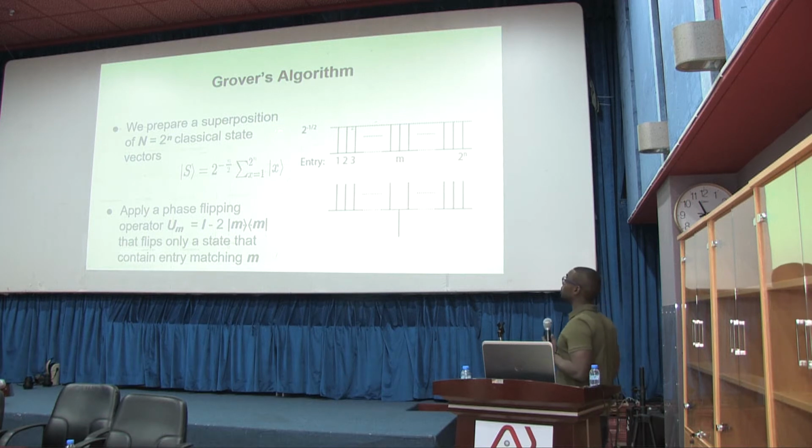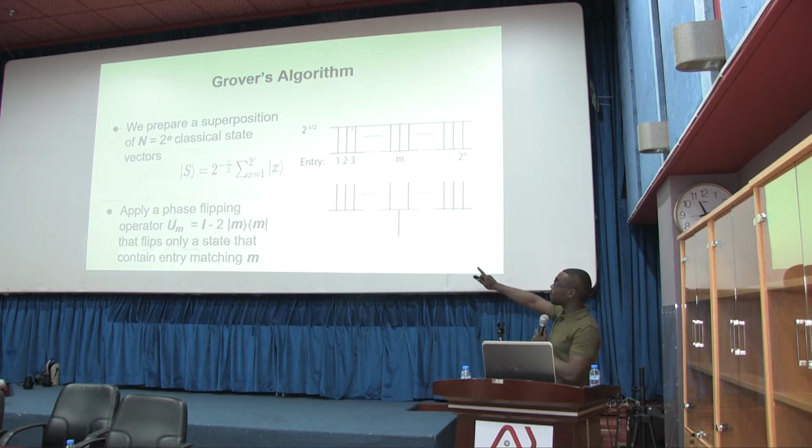So if we want to search for entries in a database that has n entries, first we will have to reset all the particles inside our computer, and we do that by normalizing. As you can see here, I present all the states of all the positions inside the database, or all the indexes, and we normalize all of them.